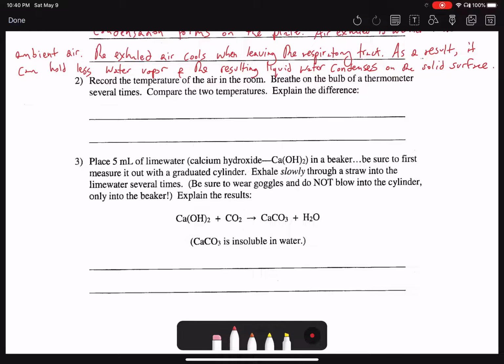Okay, so the next activity here requires you to get out a thermometer and basically exhale, breathe out on the bulb of the thermometer. That is where the, well, it's not mercury anymore, but whatever substance they put in there that is sensitive to temperature changes.